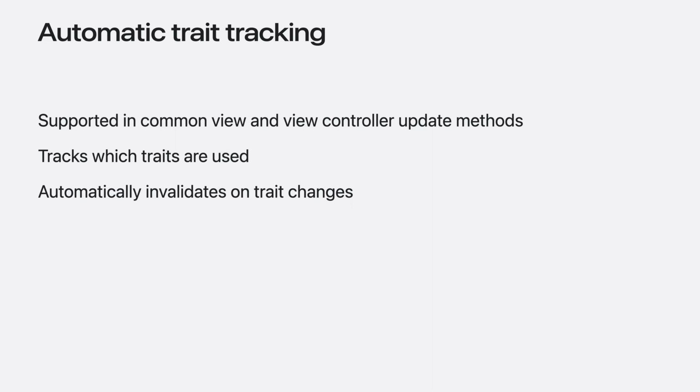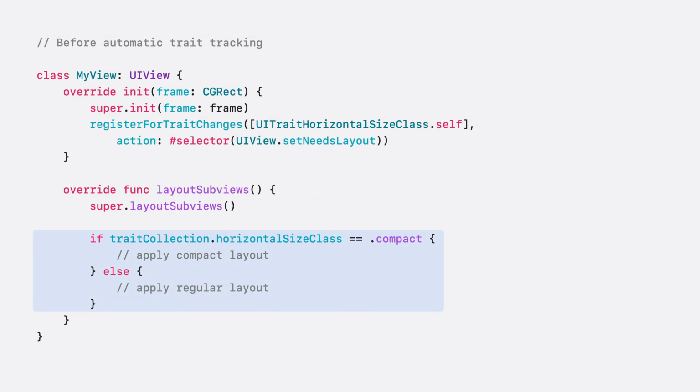or setNeedsDisplay. In this example, I have a UIView subclass which overrides layoutSubviews and reads the horizontal size class trait from the view's trait collection to determine which type of layout to use. Before automatic trait tracking, I would need to manually register for the horizontal size class trait and call setNeedsLayout on this view whenever it changes.